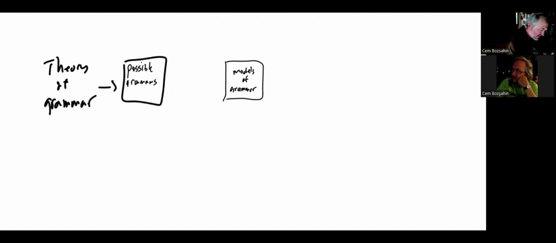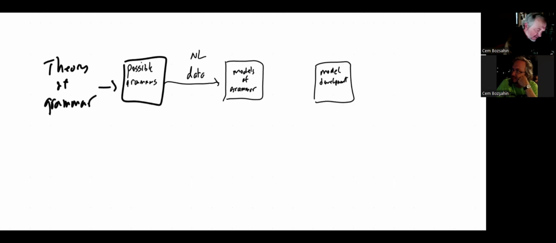And we do that using natural language data. That's the idea. And from this, we want to come to model development and selection.